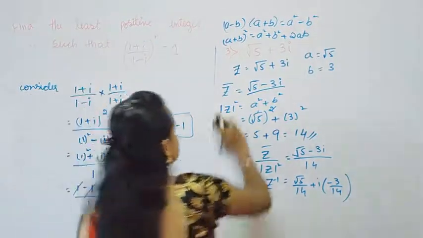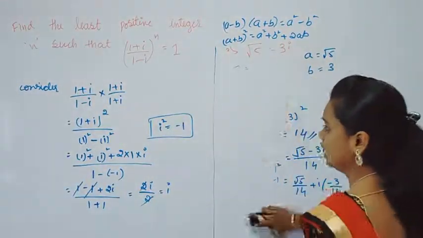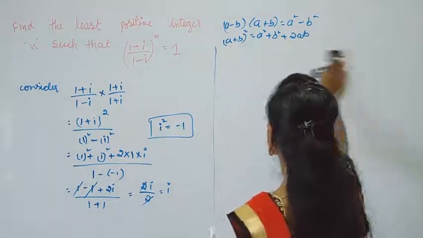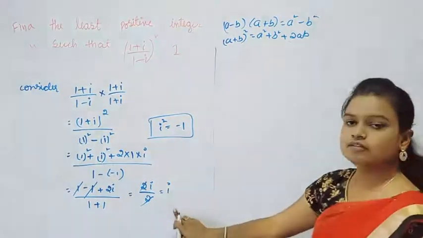So 1 plus i divided by 1 minus i is equal to what? We get i.